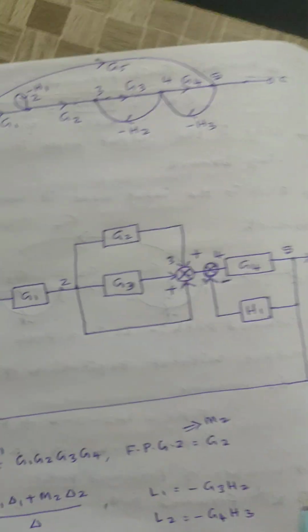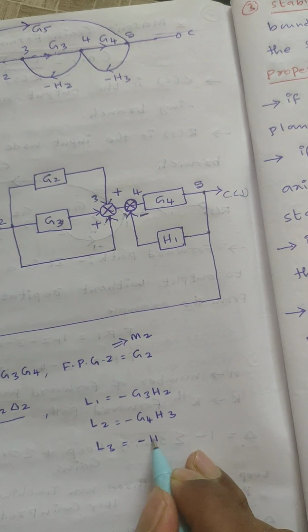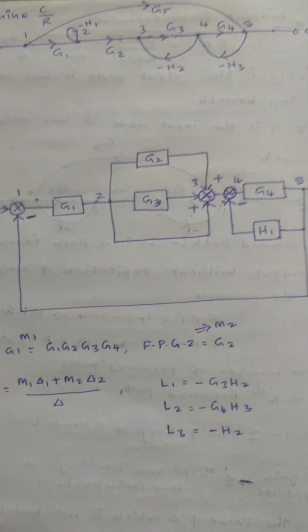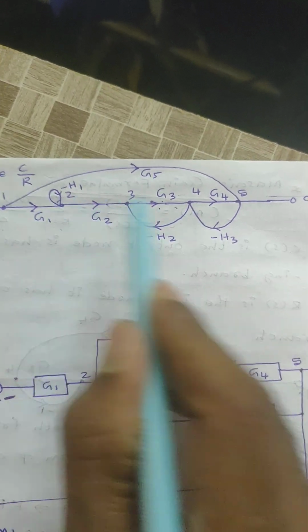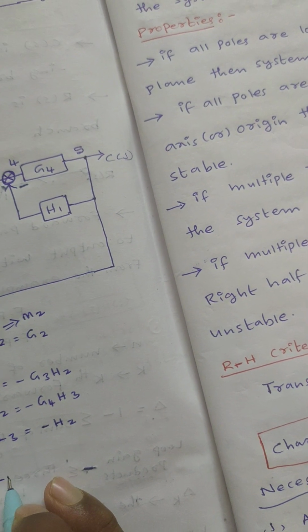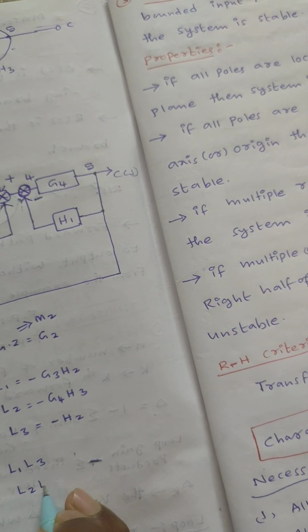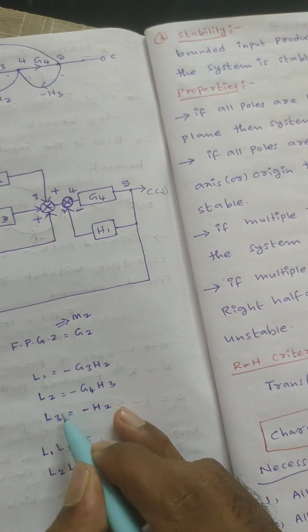Loop 3 is equal to only H2, minus H2, from this diagram. Now coming to two non-touching loops. L1 and L2 are two touching loops. L1 and L3, L2 and L3 are two non-touching loops, right?